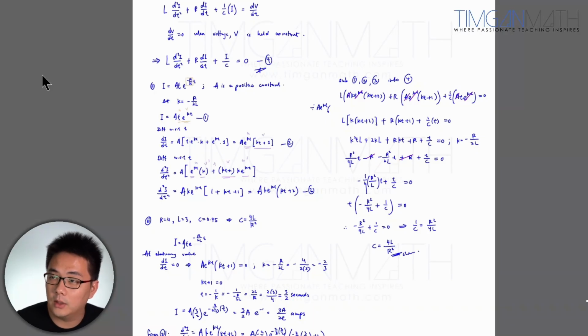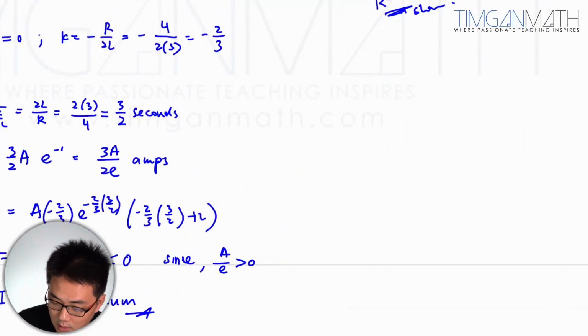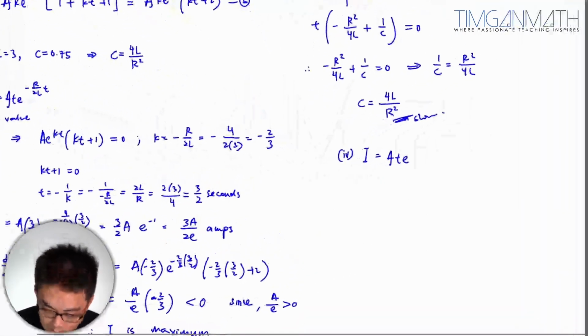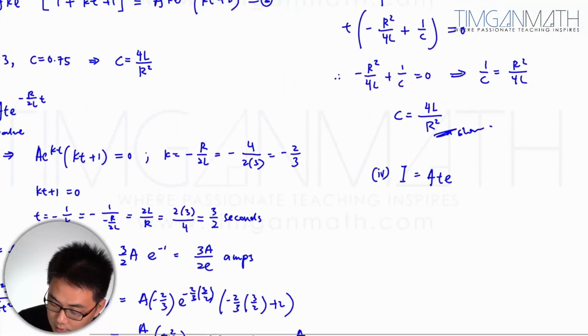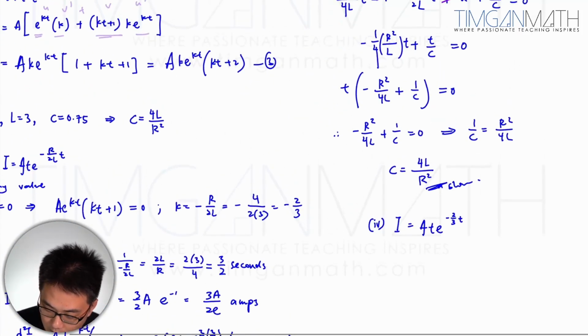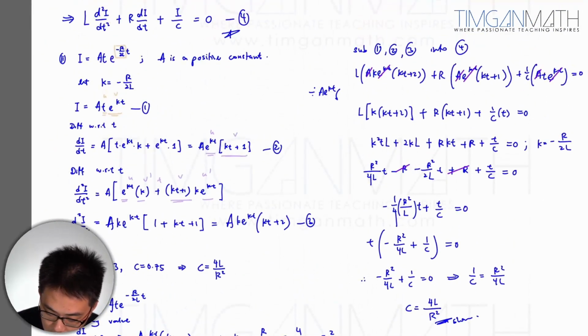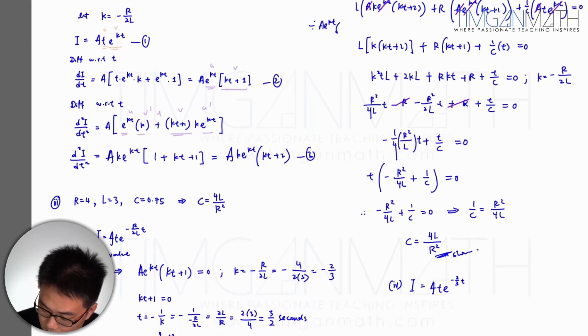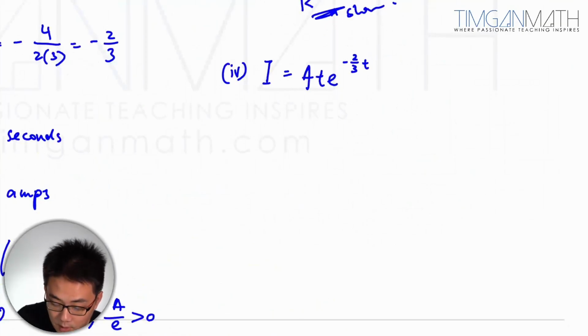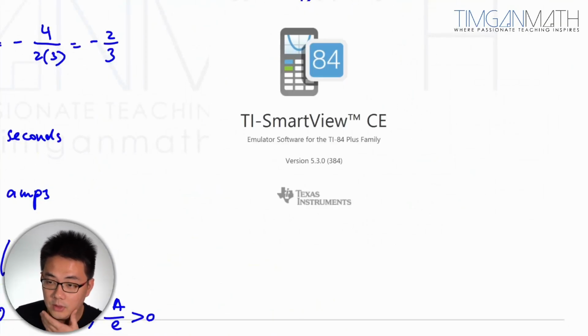For the last part, we are told to sketch the graph of I. I think that is pretty okay. So I equals A t e^(-Rt/2L), so that k is negative 2 third. Just bring out a GC, and we're just going to sketch this graph here.